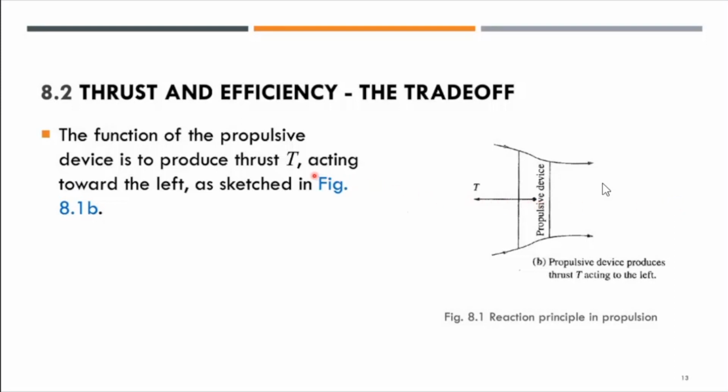This is shown in figure 8.1b, showing the propulsive device produces thrust T acting to the left.